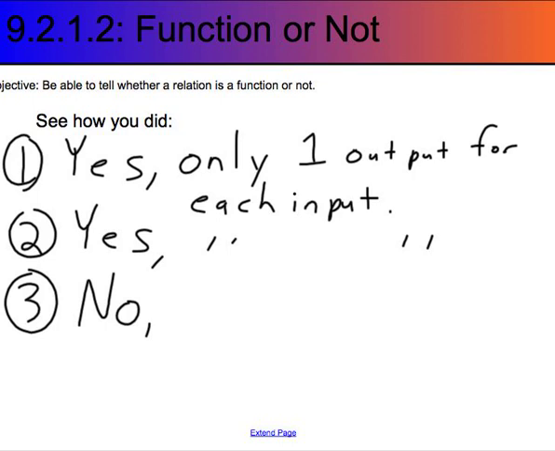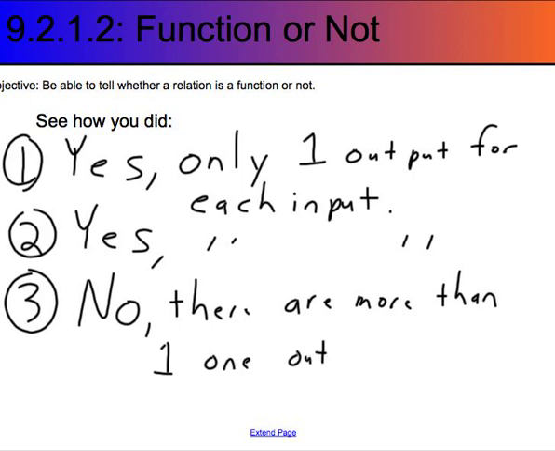Number 3, though, there are more than 1 output for an input of 5.